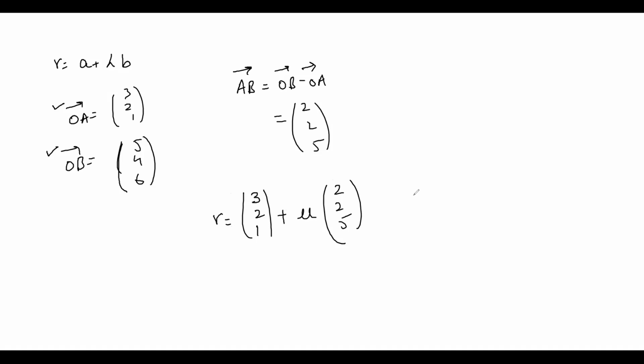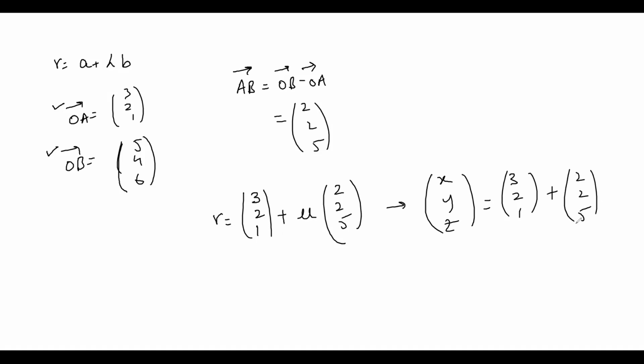This can also be written as x, y, z equal to 3, 2, 1 plus mu into 2, 2, 5. Okay, so that is how you write the vector equation of a line. This is called the vector equation of a line in Cartesian form. We have the parametric form as well here. What is the parametric form?